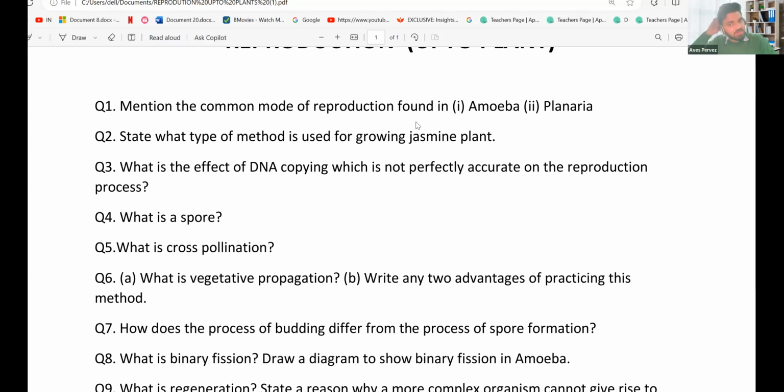What's the answer for the second part? Planaria reproduces by? Regeneration. Regeneration. Yes, Ammar. By which method does planaria reproduce?